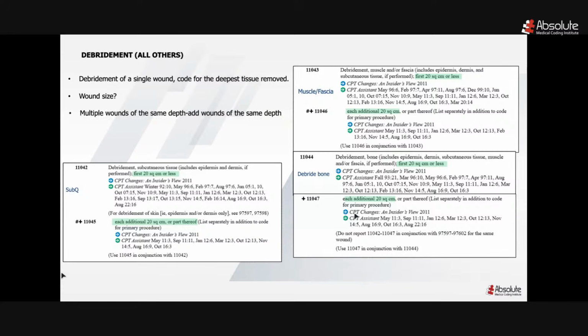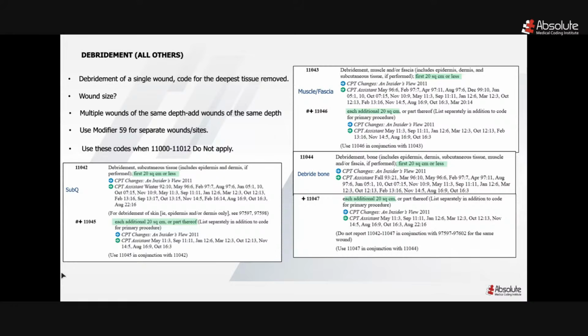Also, for multiple wounds of the same depth, add the wound areas together. Use a 59 modifier for separate wounds or sites, and use these codes when 11000 through 11012 do not apply.